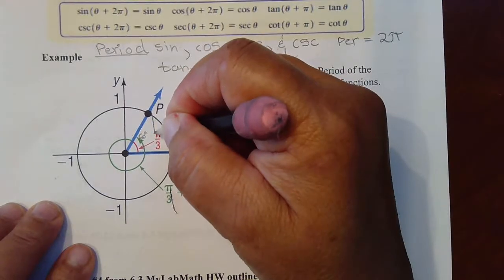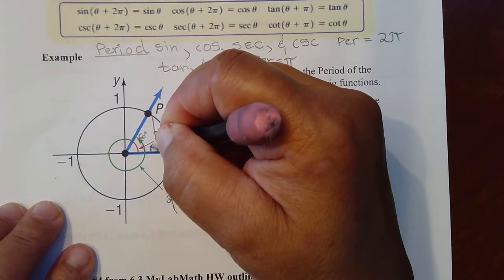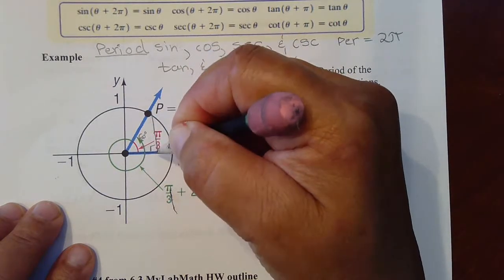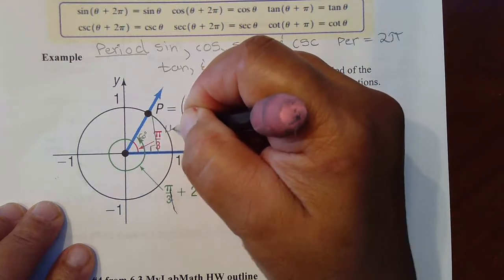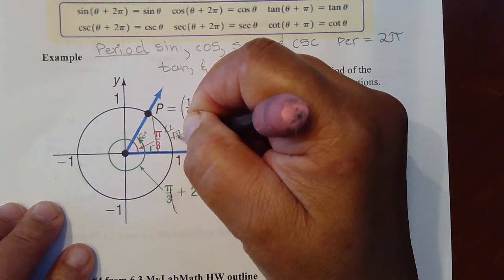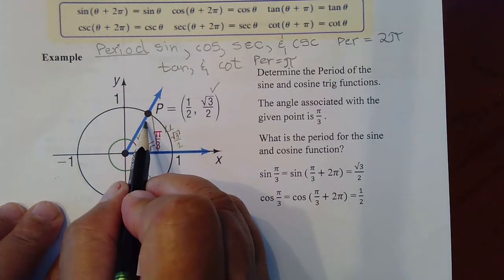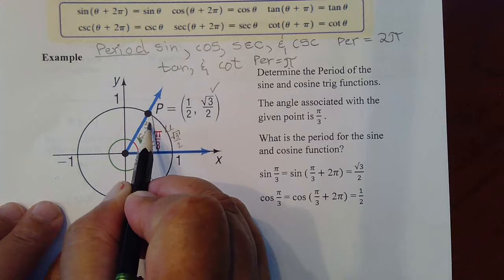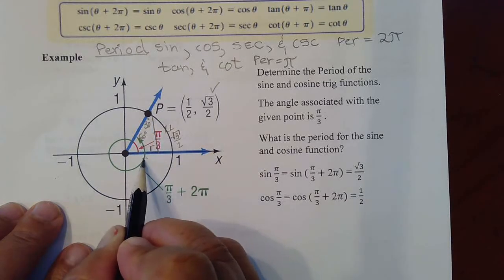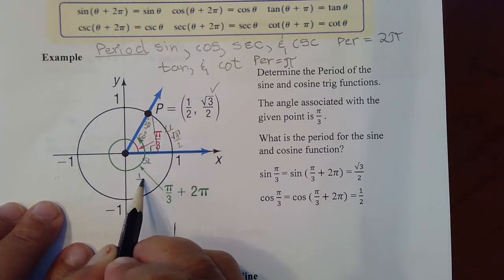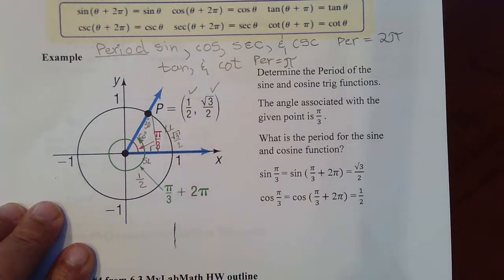If you were to drop this down to the x-axis, this y-coordinate would be the long leg, and therefore is square root of 3 over 2. That's why that is there. And the 30-degree angle would be right here, which would make this the short leg and make it 1/2, which is where they got that. So a review of what you did in section 6.2, but we can drag it into this conversation.